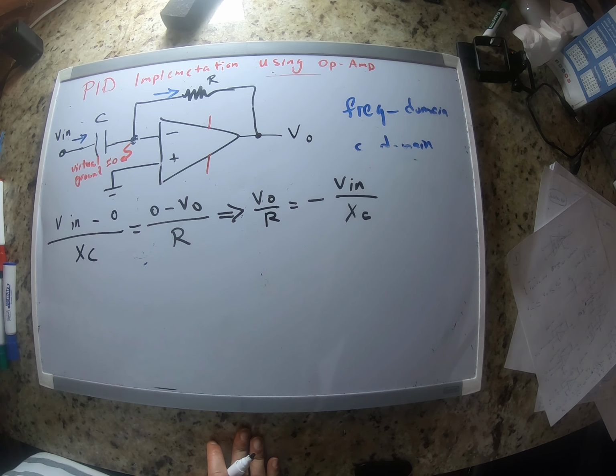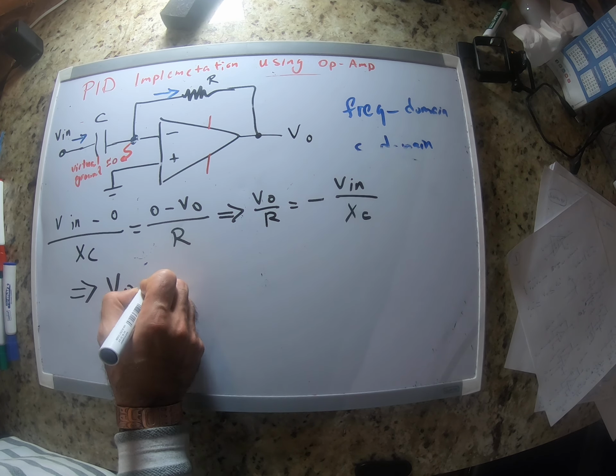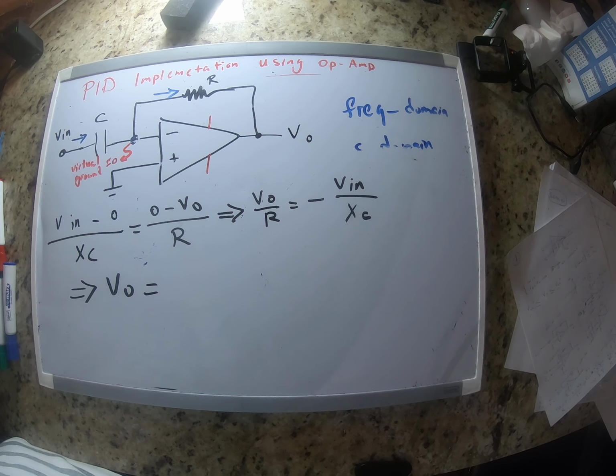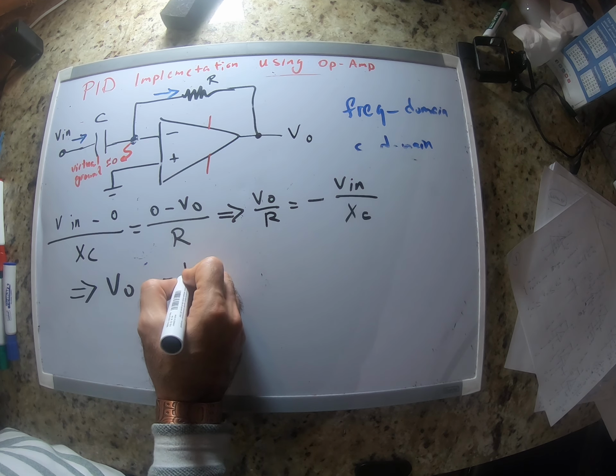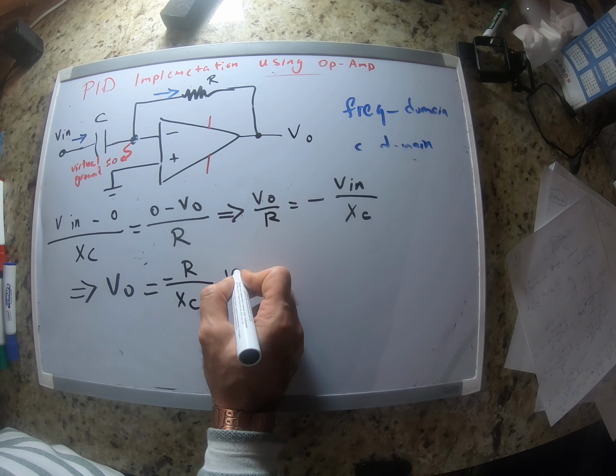Yeah, looks okay. So it means that VO is equal to negative of R over XC times Vin.